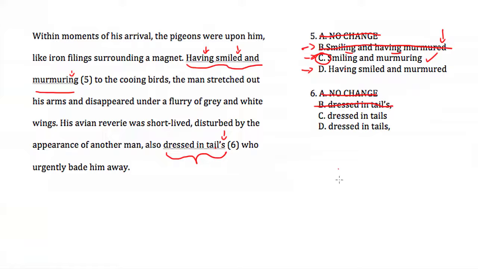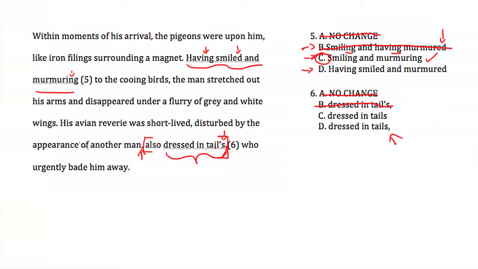And the only thing different between C and D is this comma. Do we want the comma there? Well, earlier in this sentence, right here, there's another comma. So if we put a comma here, that means that this is sort of a description or an explanation. It also means that we could remove this if we're going to put two commas, and the sentence should still make sense.